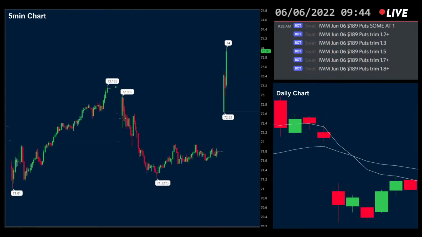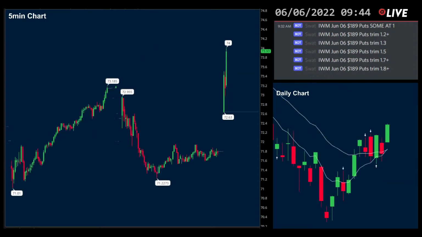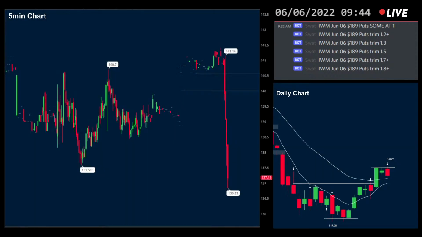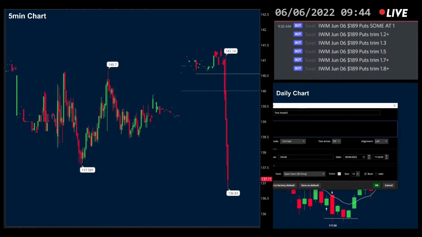Not chasing, but I had to watch. AMD trying to hold above 107. No trade here for now. Trying to be patient. One of the ugliest ones today is actually Boeing. Rejected at 141.